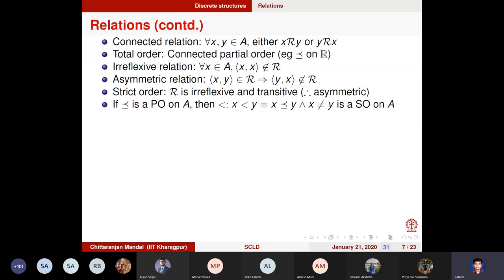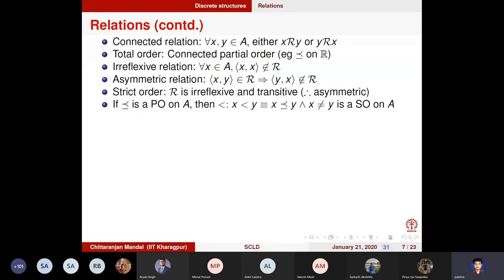Now, you can convert a partial order into a strict order and vice versa, a strict order into a partial order, by slightly changing the definition of the relation. For example, suppose this special type of less than or equal to is a partial order on A. That means if X is less than or equal to Y, then I'll say that it belongs to the partial order.